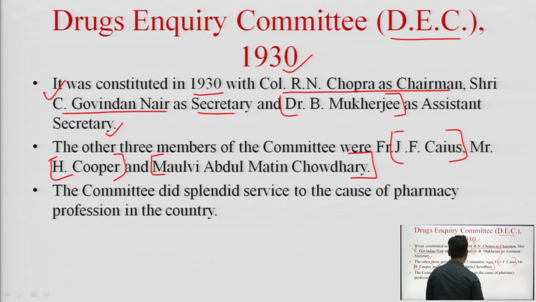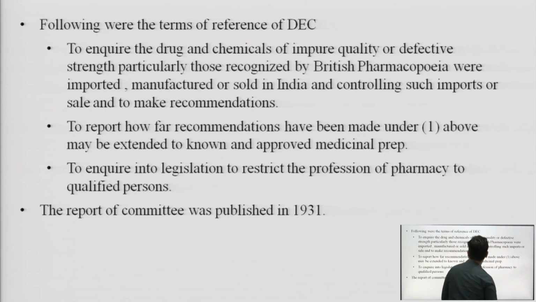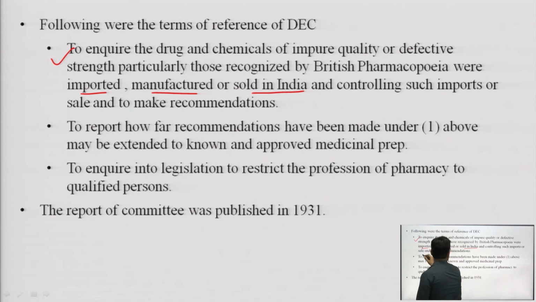The committee did splendid service to the cause of pharmacy profession in the country. So they are the persons who actually started thinking about pharmacy profession long back in 1930. Following were the reference of DEC. They said to inquire the drug and chemicals of impure quality or defective strength, particularly those recognized by British Pharmacopoeia, were imported, manufactured or sold in India, and controlling such imports or sale, and to make recommendations.